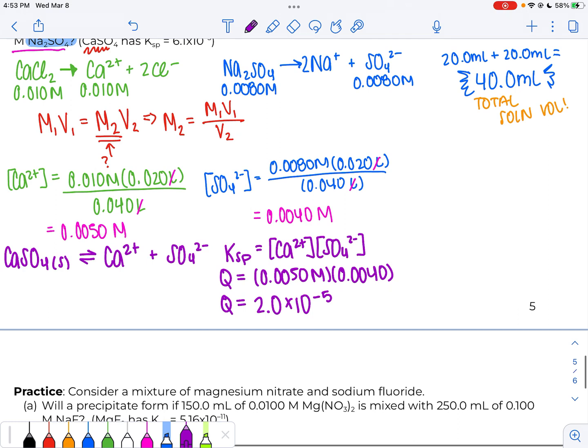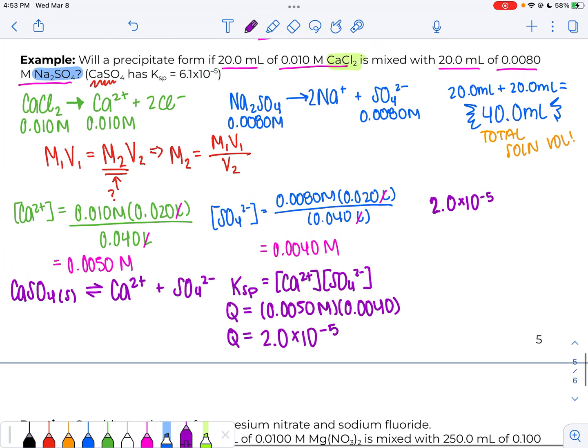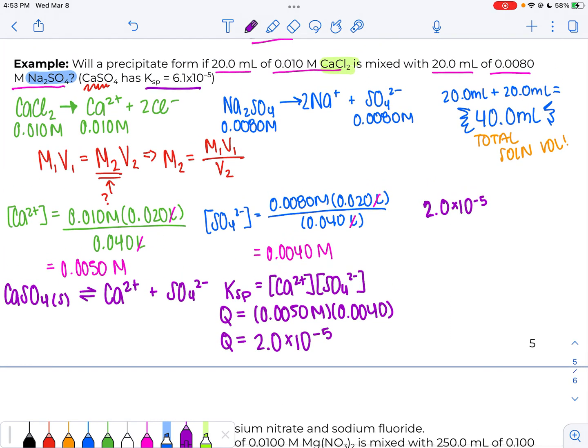So let's compare these things. 2.0 times 10 to the negative fifth versus our KSP for calcium sulfate, which is 6.1 times 10 to the negative fifth. Which one's smaller? It's the Q value. They're both 10 to the negative fifth, so now we have to look at the numbers. 2 is smaller than 6.1. So Q is less than KSP.